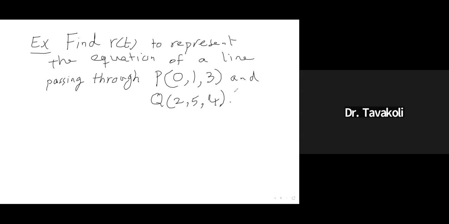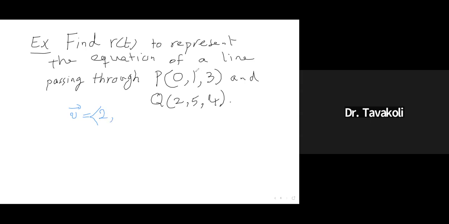Again, let me write the equation of the line, but that equation, we write it as one vector with 3 coordinates, and that will be a vector valued function. As you might remember, since we want to connect P to Q, I can look at the vector v, which connects P to Q. First coordinate of Q minus first coordinate of P, 2 minus 0 is 2.